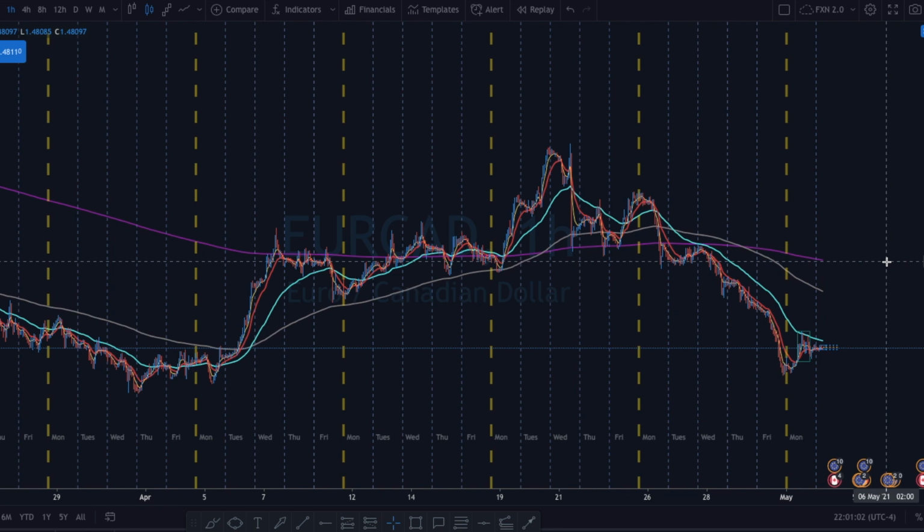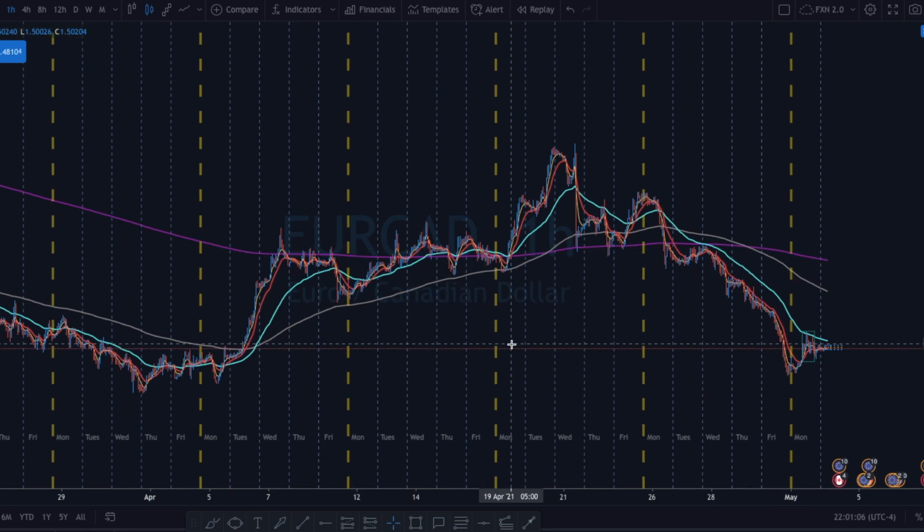Typically on this particular pair, you want to know what the average daily movement is, because knowing the average daily movement on this pair will help you determine what the accurate peak formation high or low is, and also help you determine when you could possibly get a reversal.